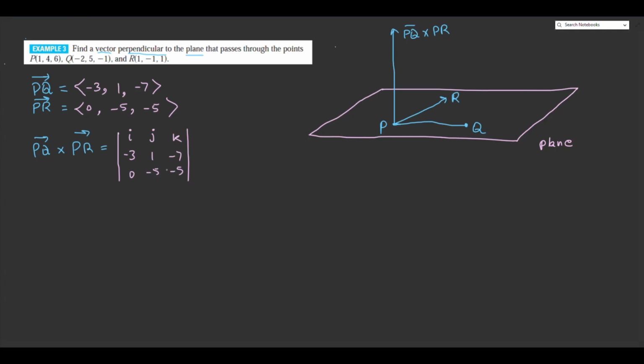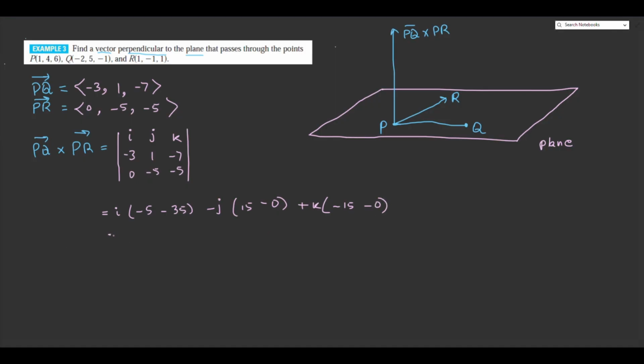Next we expand this. 1 multiplied with minus 5 gives minus 5, and then minus 35, minus j, minus 3 multiplied with minus 5 gives you 15, minus 7 multiplied with 0 becomes 0, plus k, minus 3 multiplied with minus 5 gives you 15 minus 0.